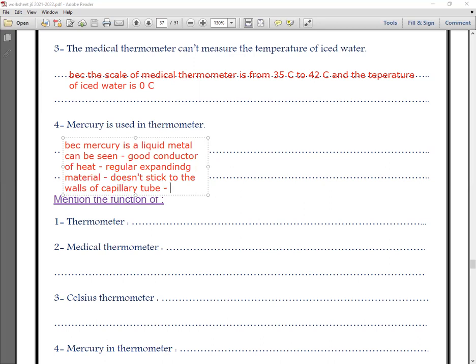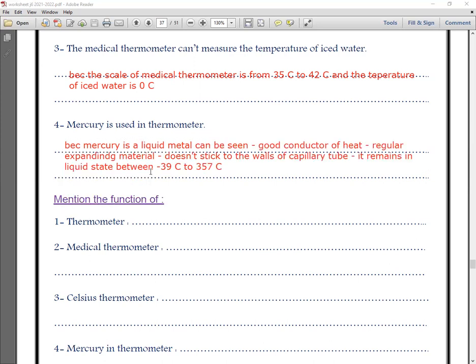Last one, it remains in liquid state between -39 Celsius degree to 357 Celsius degree, so it gives you a wide range of measurements.